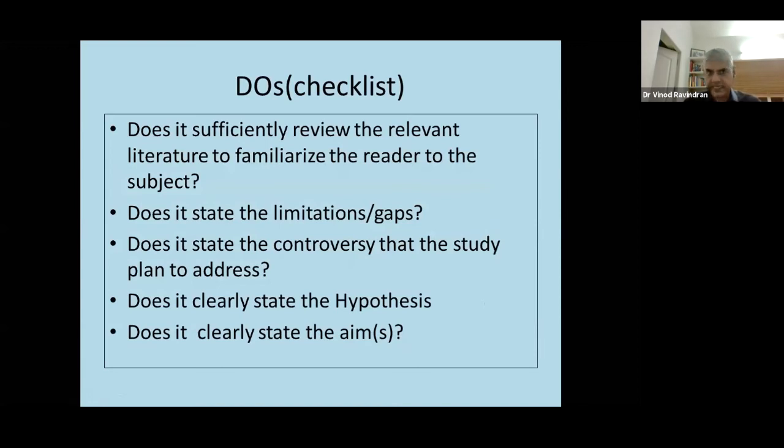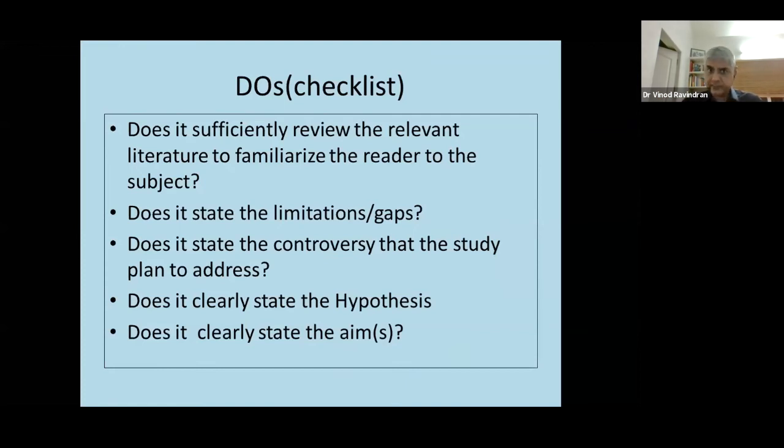So in my checklist for writing the introduction, I would include these. I would check whether I have sufficiently reviewed the relevant literature, because my objective is to make the reader familiar with the subject. And I would check whether, in reviewing the literature, I identified any limitation, gaps in the knowledge, or any controversy which I plan to address.